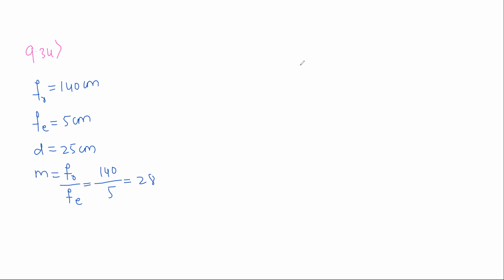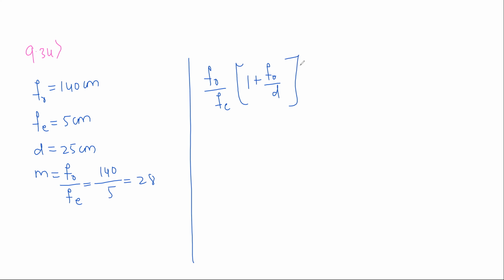When the final image is formed at the least distance of distinct vision, the magnifying power of the telescope is given by the formula f0 divided by fe in the bracket 1 plus fe divided by d. So just substitute the values: 140 divided by 5 in the bracket 1 plus 5 divided by 25.